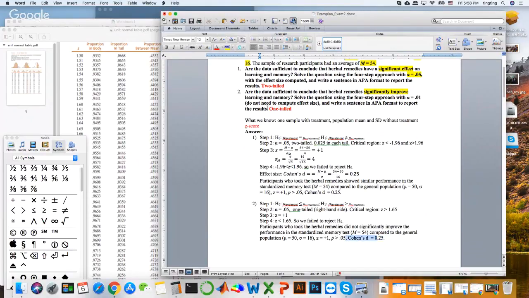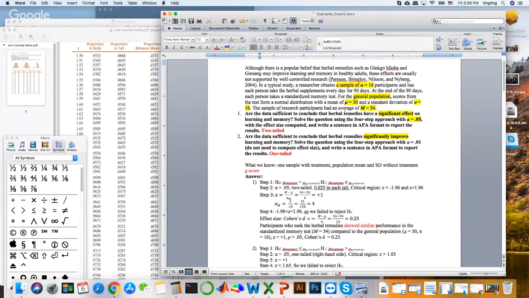And here, because I don't need you to compute the effect size, you don't need to report the effect size. That's it. So the major difference is you just need to revise several words to answer question 2. That's it. So here we finish the problem set for the z-score test.